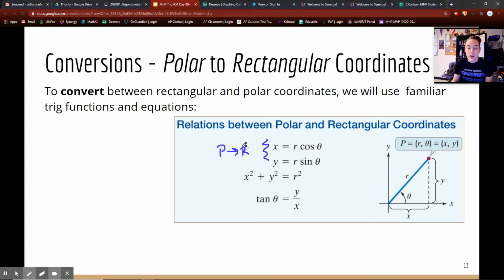But right here, we're only going to be using these towards polar to rectangular. So I only use these equations when I want polar to rectangular. And we are going to be doing that in the next slide. So I'm going to be using those 2 equations, x equals r cosine theta, y equals r sine theta. Now, on the opposite end, though, I'm going to be using these equations for going to rectangular to polar. And that's going to be my last couple examples there, okay?